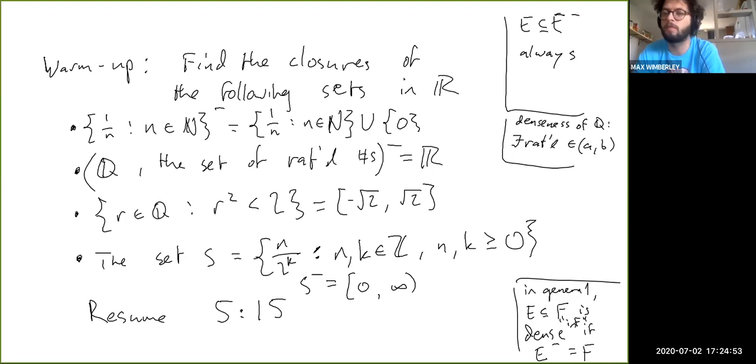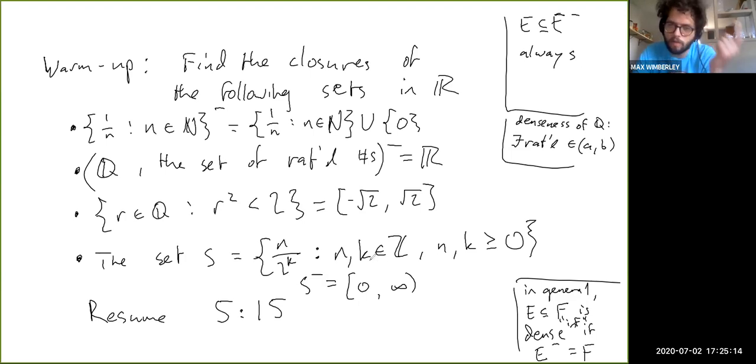So you can build a sequence that converges to any real number you want in this set. Okay, so that's the way you want to think about closed sets or closures of sets in the real line.